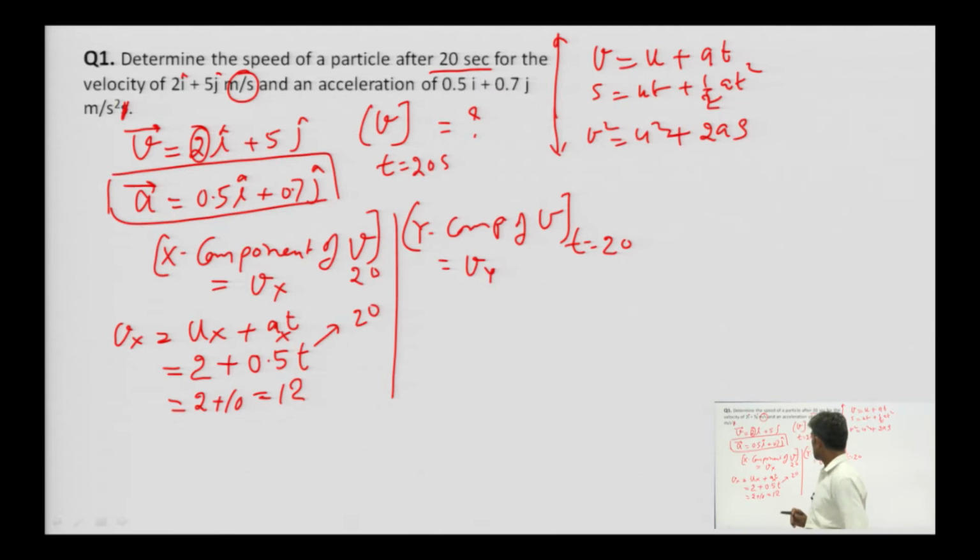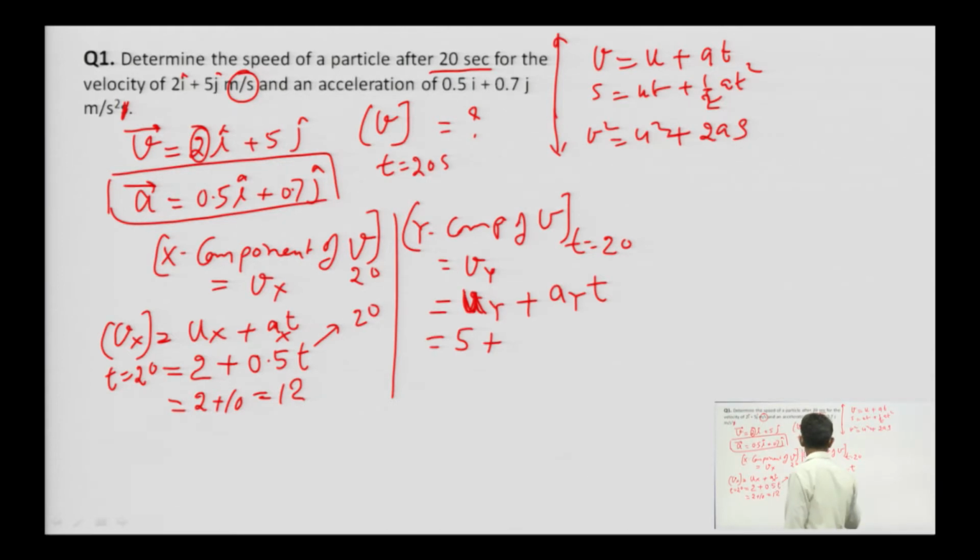Vx, the x component of v after t equal to 20, is 12. The y component of velocity after t equal to 20 will be uy plus ay into t, with t as 20. Putting the values, uy is 5 plus ay is 0.7, and t is 20.